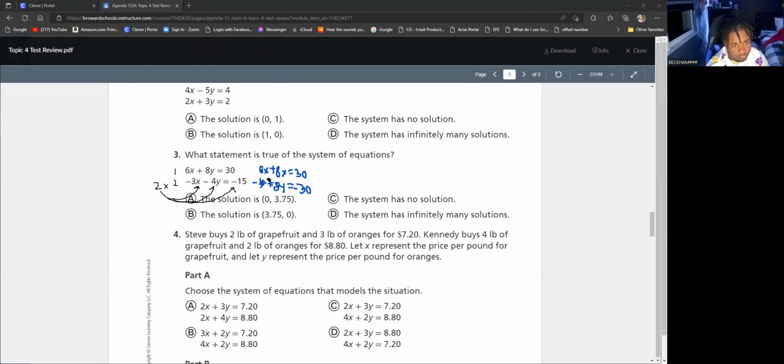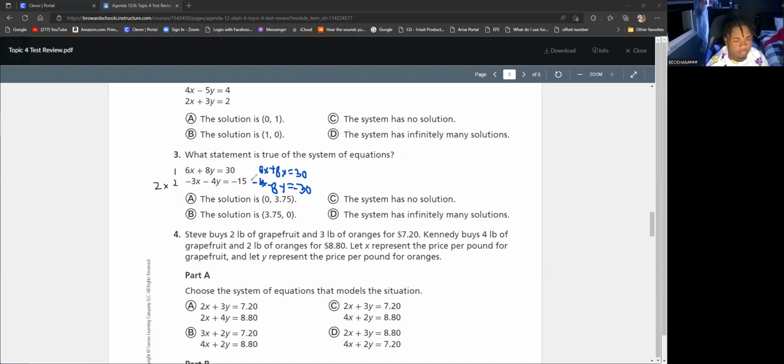Okay, now are you adding or subtracting? Okay, there you go. Are you adding or subtracting there? The whole thing. Adding.